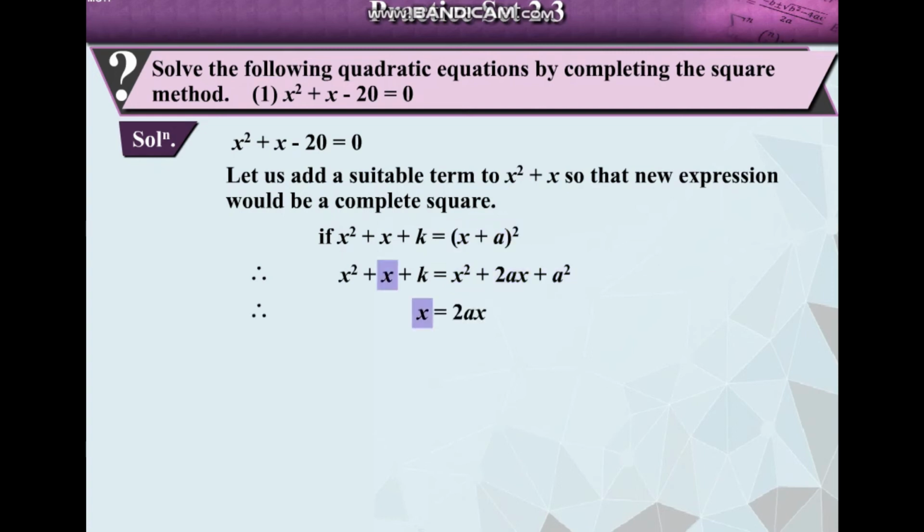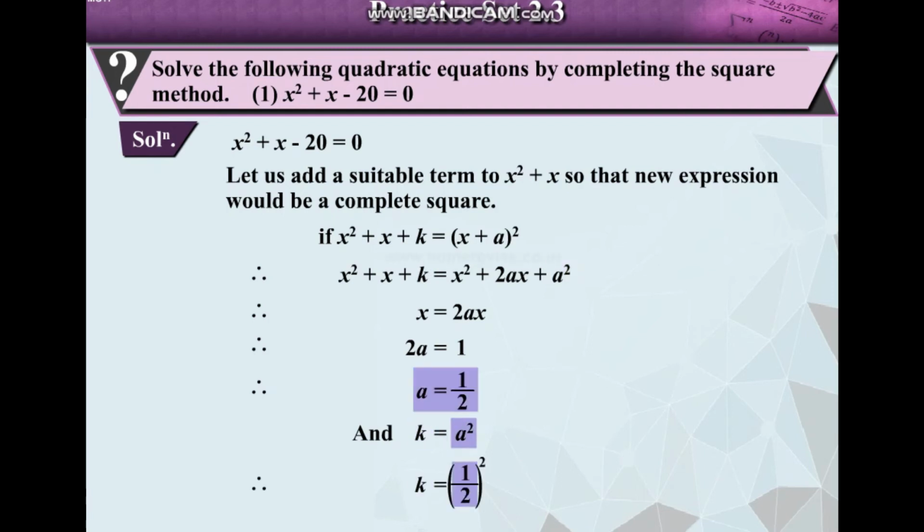Therefore, x = 2ax. Therefore, 2a = 1. Therefore, a = 1/2 and k = a². Therefore, k = (1/2)².